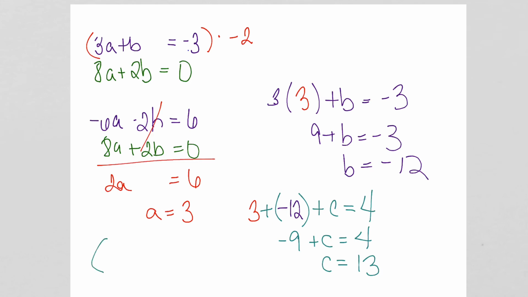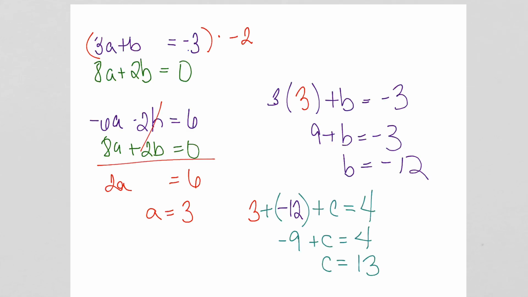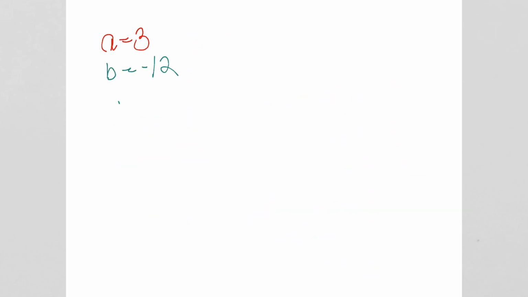So our solution is the point, well, we don't have a point this time. It's where a is 3, b is negative 12, and c is 13.